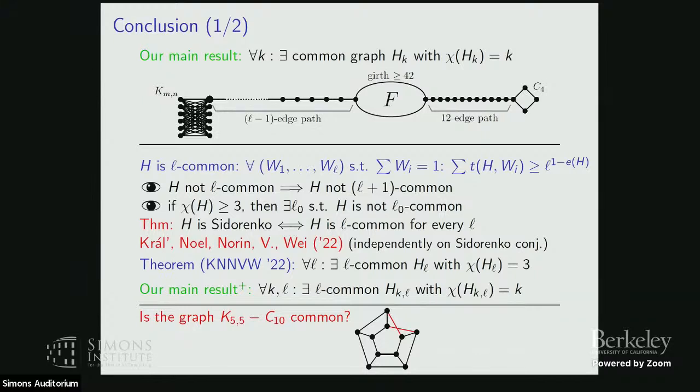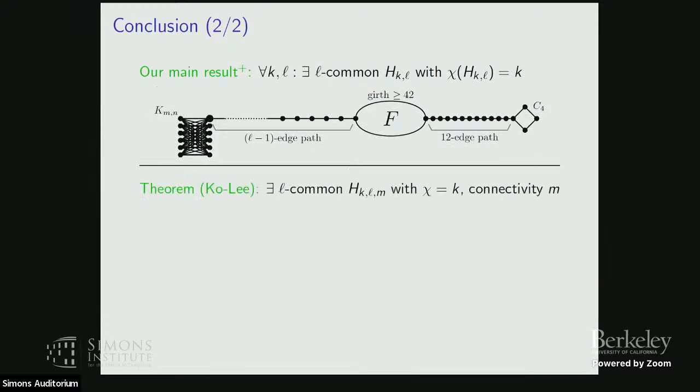Whether it is Sidorenko or not is one of the current open questions regarding Sidorenko's conjecture. But if it is Sidorenko, then it should also be common. So a seemingly easier problem would be to show that K55 minus C10 is a common graph. We don't know that.